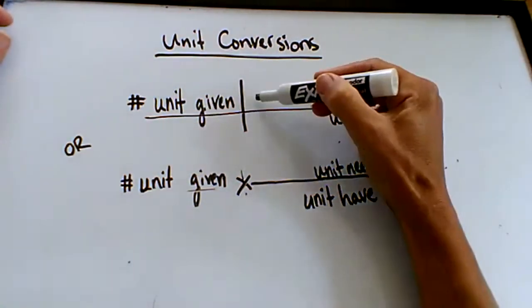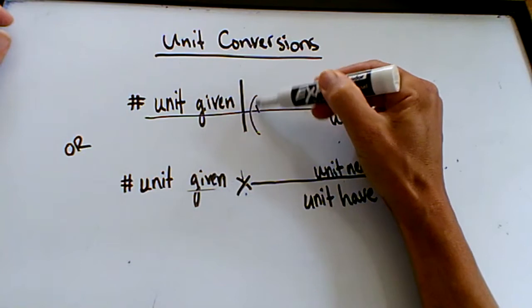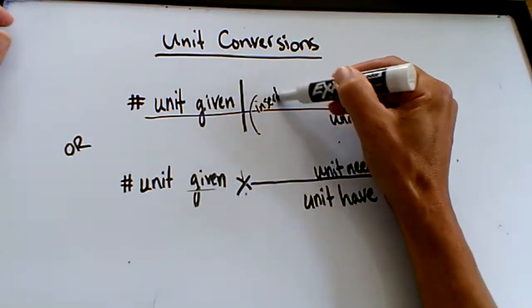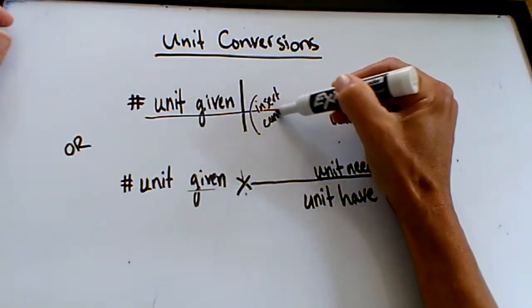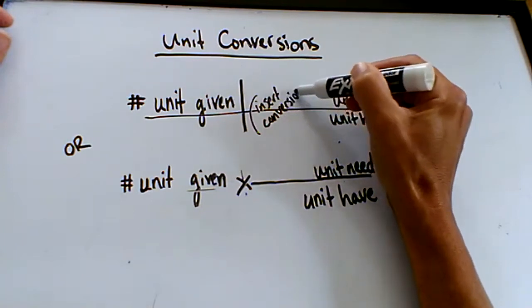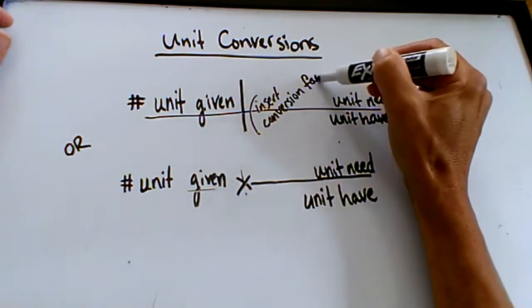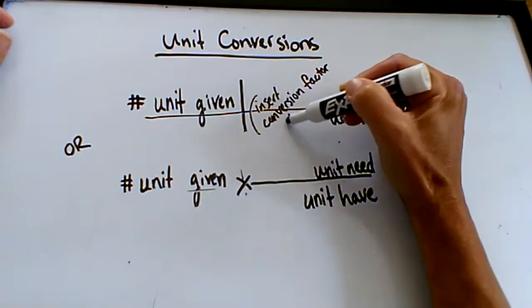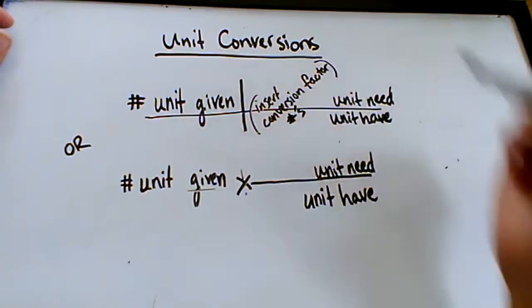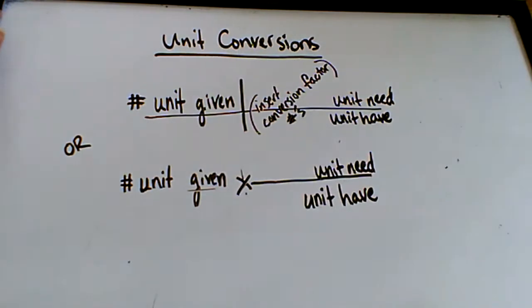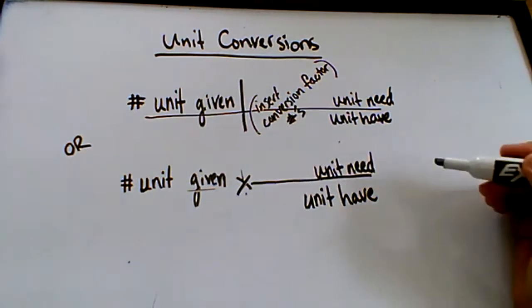I'm then going to insert conversion factor numbers. This is where our numbers are going to come from. All right. And I would write the same thing right here, but I'm not going to write that again. Okay. I can do this as many times as I need to.